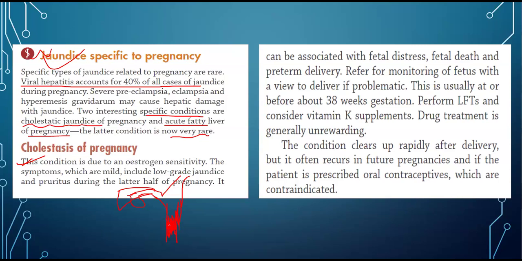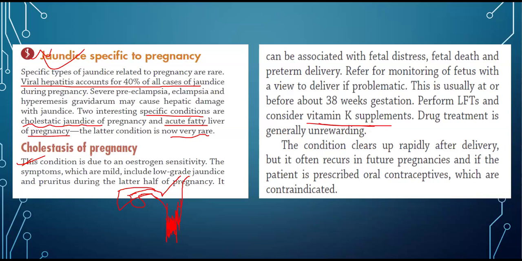If you see that this patient has features of obstructive jaundice, like high bilirubin, very high direct bilirubin, and super high alkaline phosphatase, that means it is cholestasis. In that case, you would check their liver function definitely, and you can give them vitamin K supplementation.